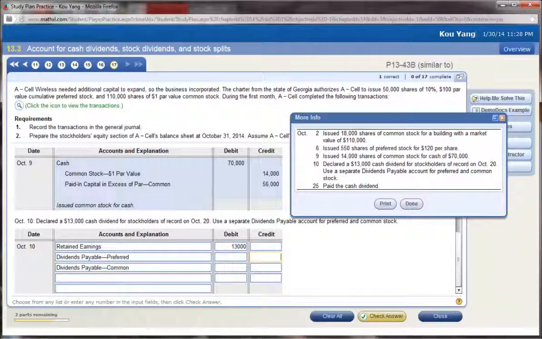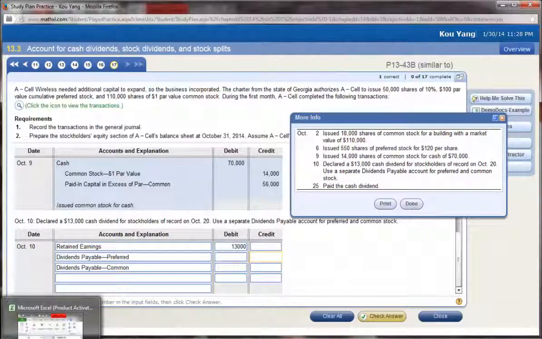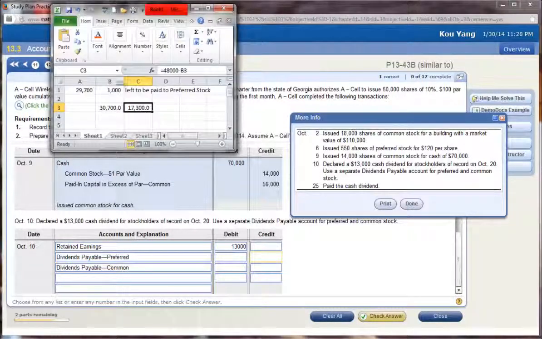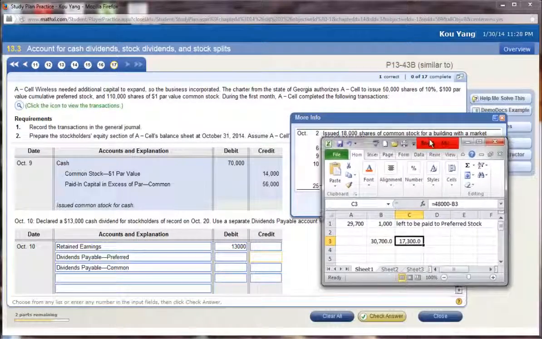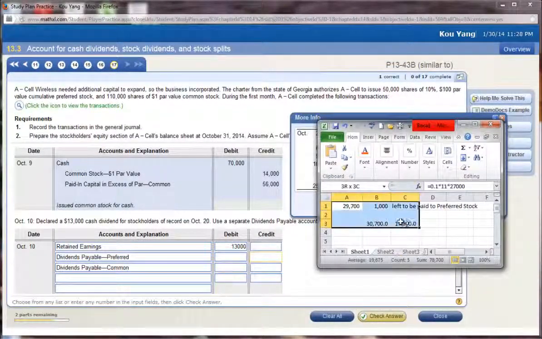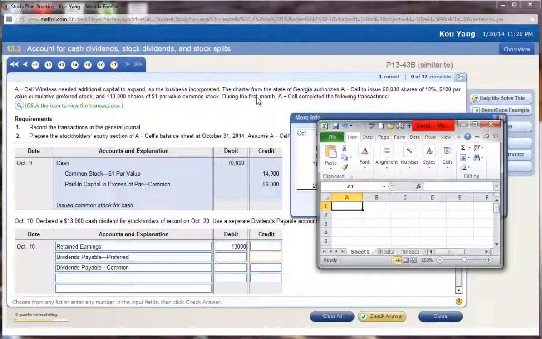But earlier I had an example. I'm going to put this back up. And let's put it right here. All right, so preferred is 10% and it's cumulative.